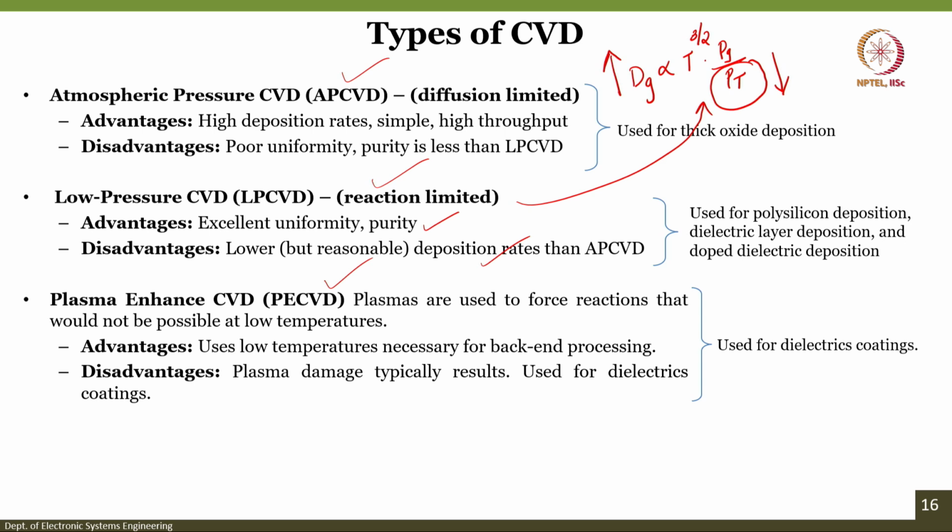Whereas in atmospheric pressure CVD, based on this particular equation you can conclude that when the pressure is high, the process operates in whichever regime is the rate limiting step. So, if the pressure is high, diffusivity will be low, so it will be a diffusion limited process.